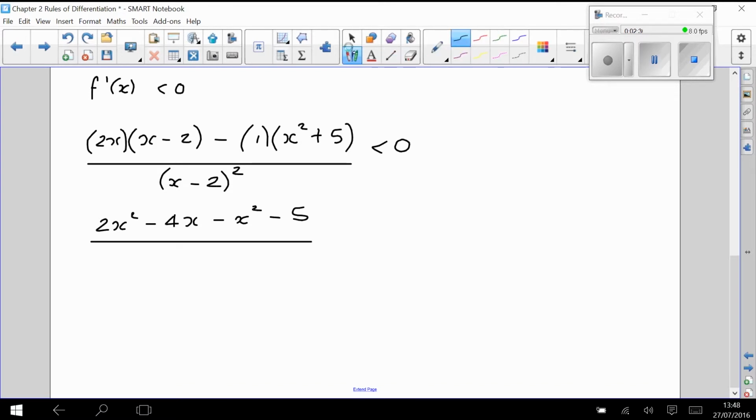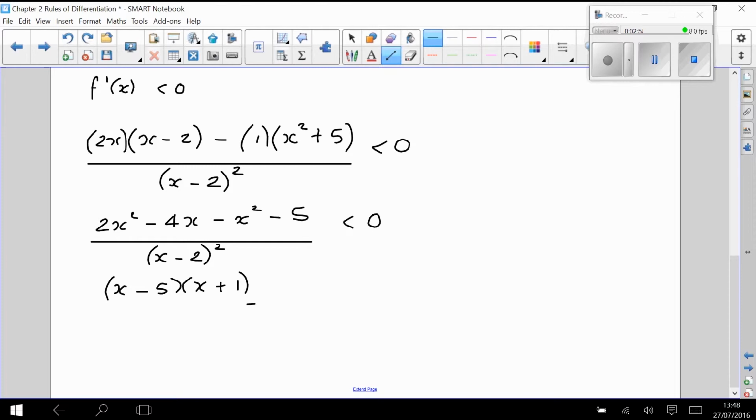Now, because I want to find critical values, I'm going to leave x minus 2 squared all factorized in its bracket. By adding terms now, I find that I have x squared minus 4x minus 5, and that can very nicely be factorized. When I factorize it, I get the following two factors: x minus 5 and x plus 1. And I still keep that over x minus 2 all squared.